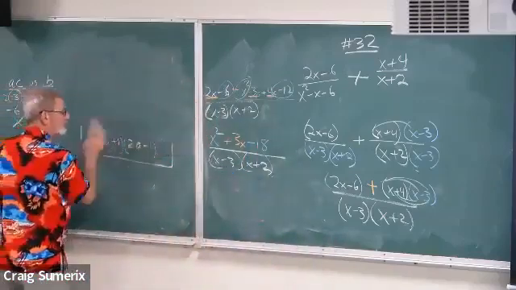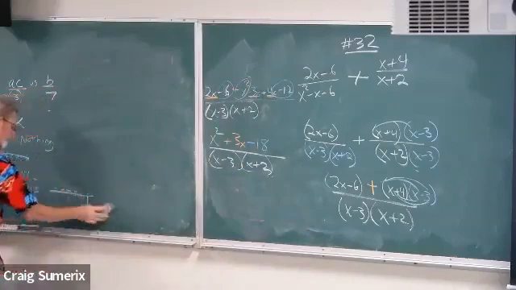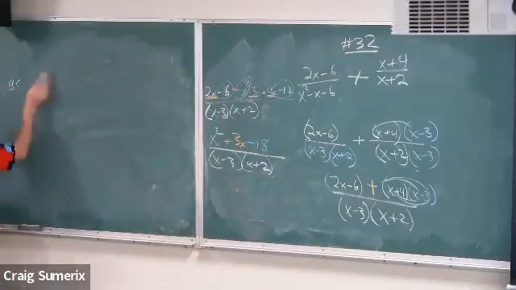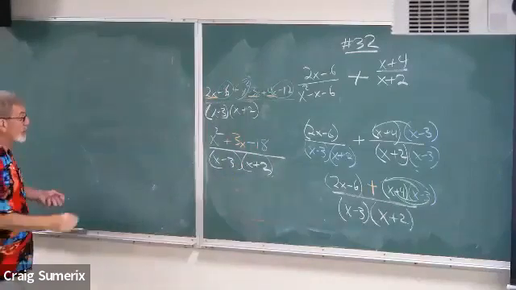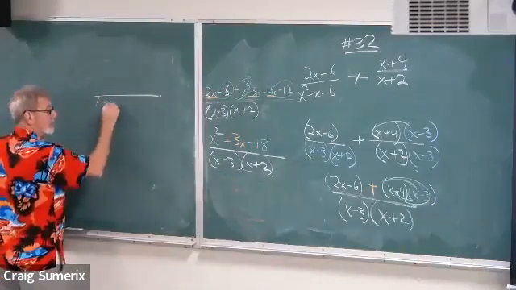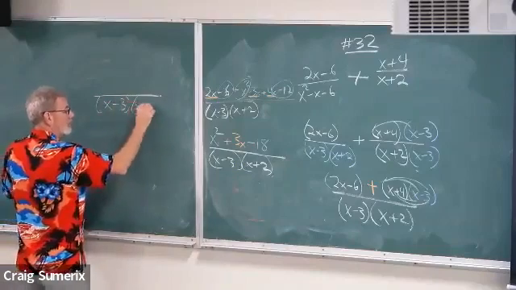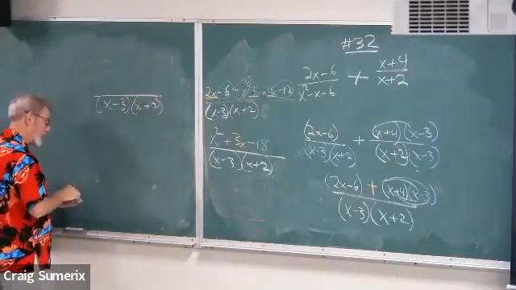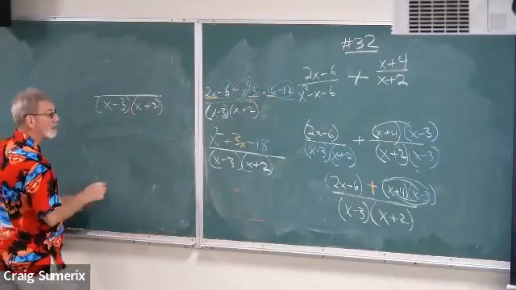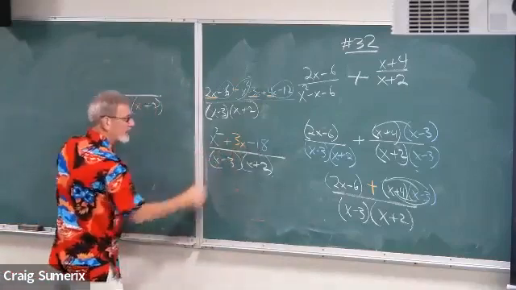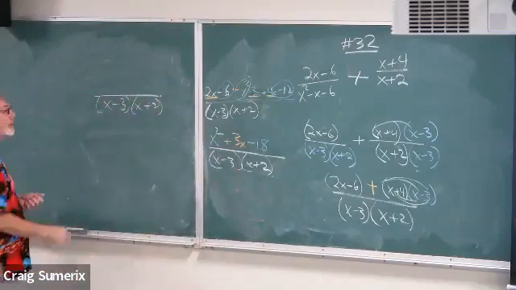Are we done? Why not? Can we do anything to the top to see if it cancels? What multiplies to give you negative 18 and adds up to give you positive 3?